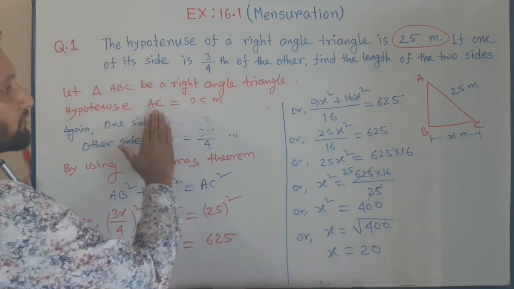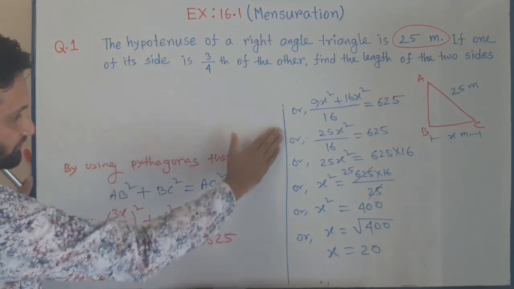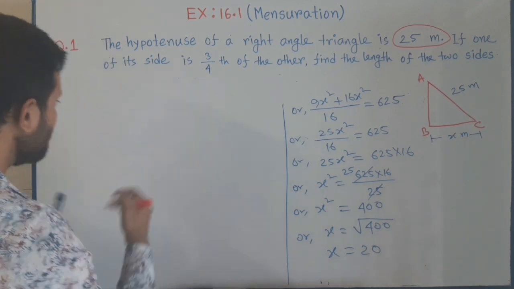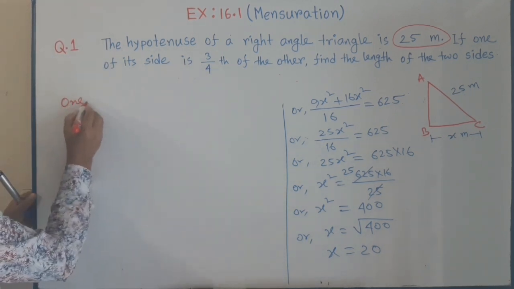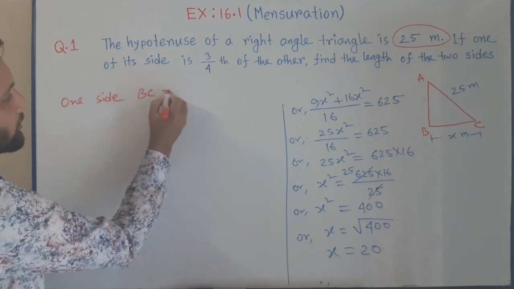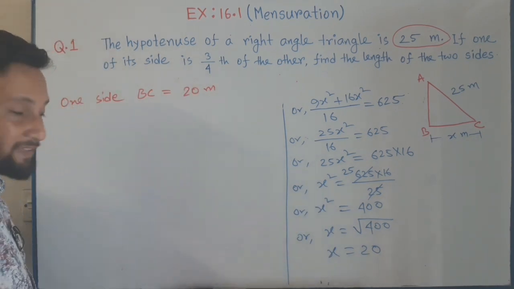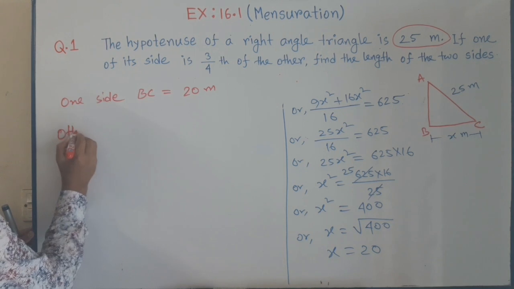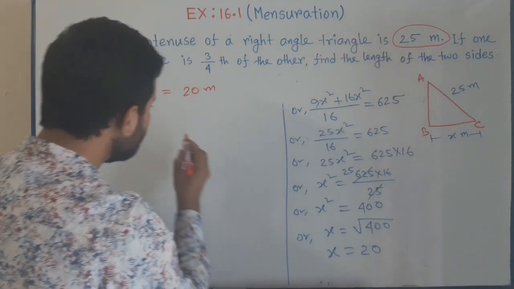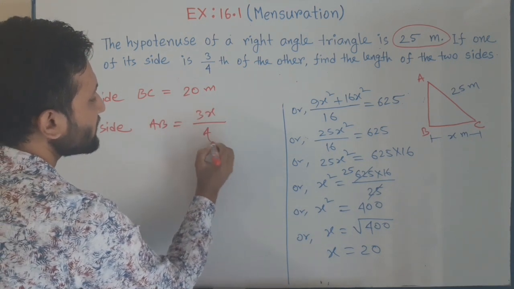Now next part. One side of this right angle triangle BC equal to x, that means 20 meter, and the other side AB equal to 3x by 4 meter.